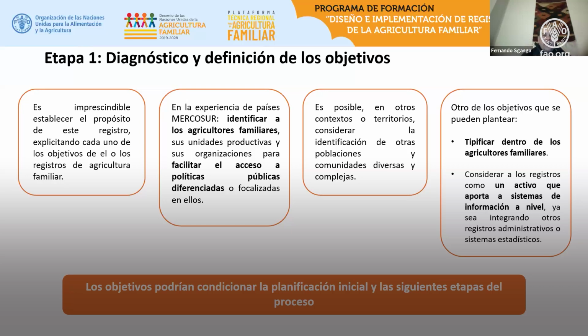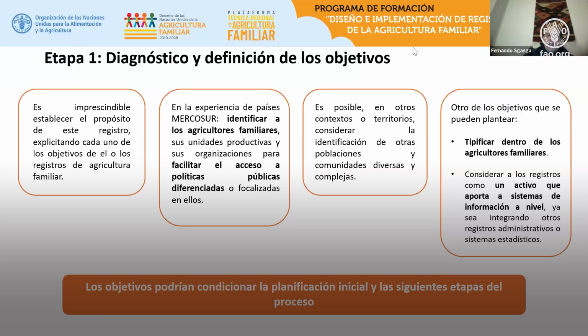In other places, the idea might not be to facilitate implementation of public policies, but to identify the territory, diverse and complex populations and communities. That's perfectly possible, but it means a different goal, and that means a different design. Another goal, part of the Central American statement, is to identify family farmers.